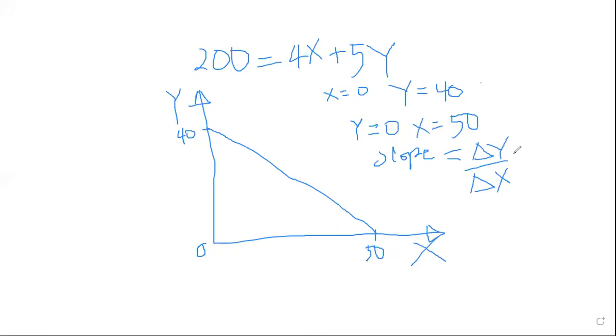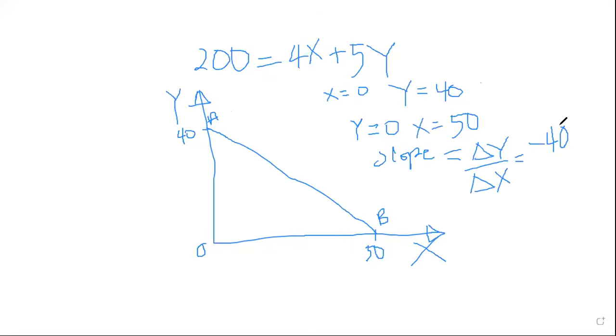So from what we have here, assuming this is point A and this is point B, we are moving from point A to point B. Let's calculate the change in y and also the change in x. Moving from A to B, the change in y is minus 40, because y was 40 and x was 0 at point A. If we move to point B, y becomes 0 and x is 50.